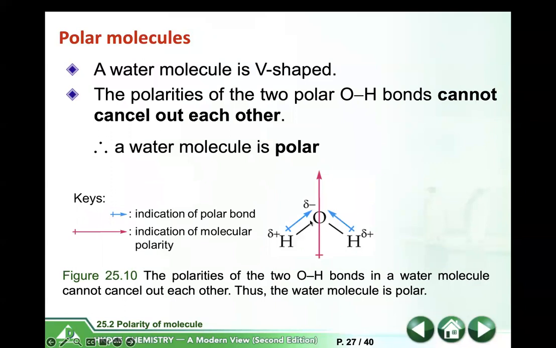The hydrogen will give the bonding electrons to the oxygen. As a result, the overall polarity is going up. So the bottom one is delta positive, while the upper one is delta negative.